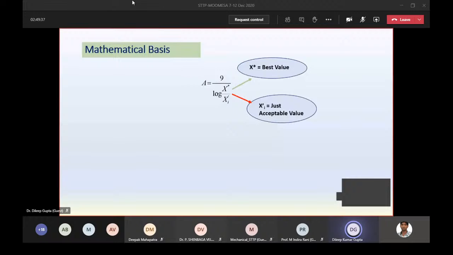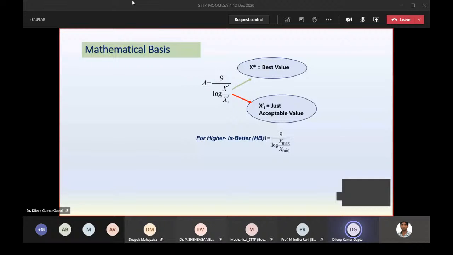So A can be calculated by 9 divided by log of x star divided by xi dash, where x star is the best value and xi dash is the just acceptable value. In case of higher is better, the value of A will be given as 9 divided by log of x maximum divided by x minimum.